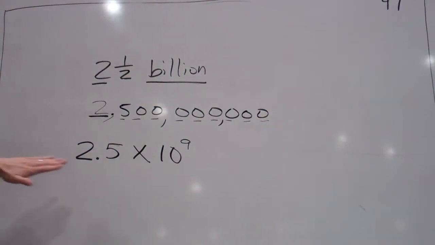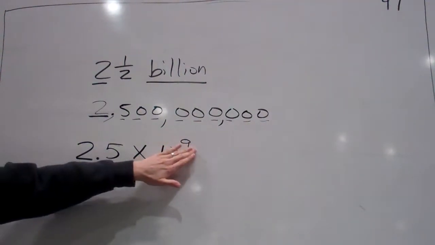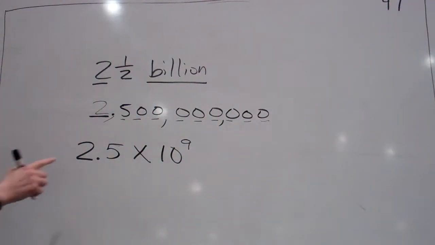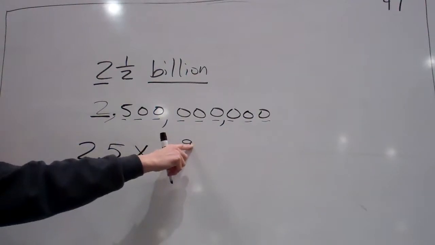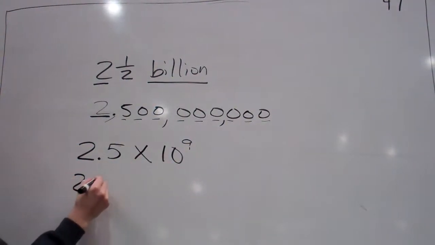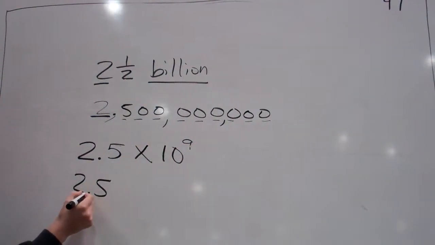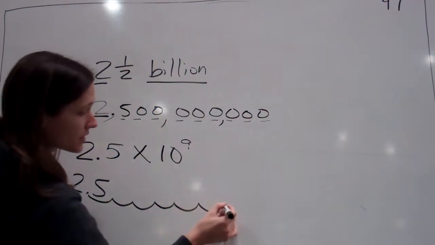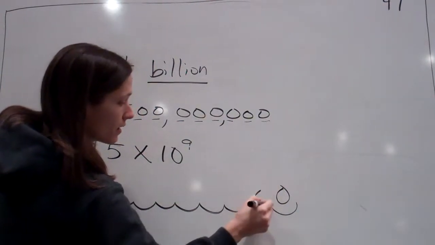Okay, so watch what I did. 2.5 times 10 to the 9. I counted how many places were after the decimal. Okay? Watch me do this in standard form. If I had 2.5 times 10 to the 9, I would move it 9 places. 1, 2, 3, 4, 5, 6, 7, 8, 9.